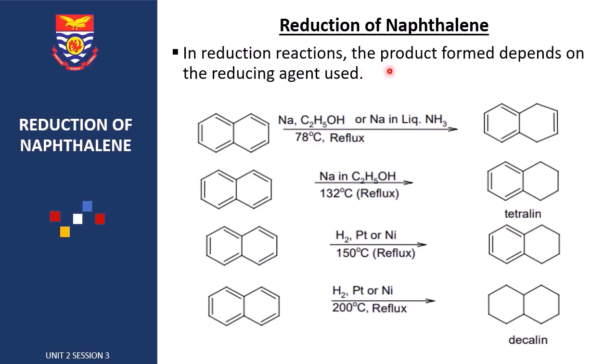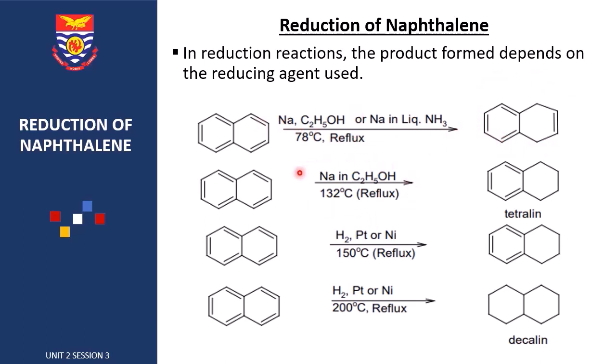In the reduction of naphthalene, depending on the reducing agent being used, different products are formed. If you use sodium in ethanol and reflux at 70 degrees Celsius, you form this structure where one of the double bonds has been reduced.